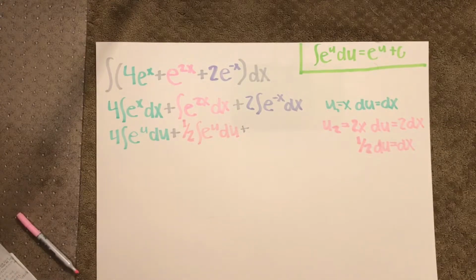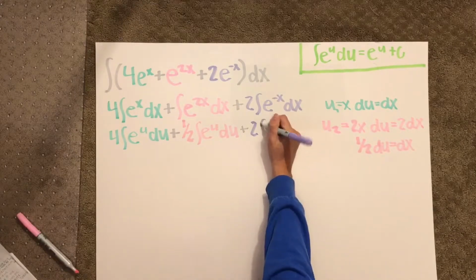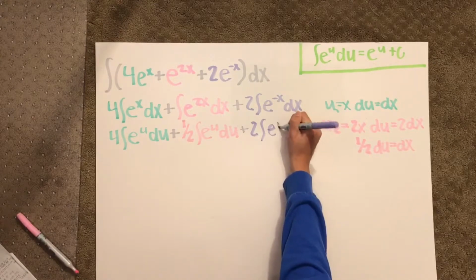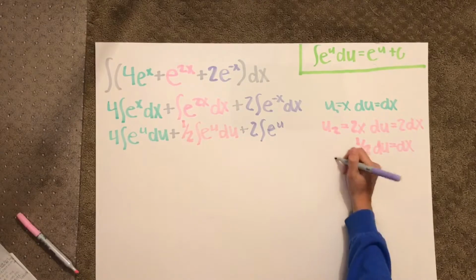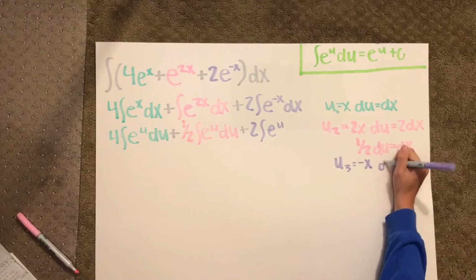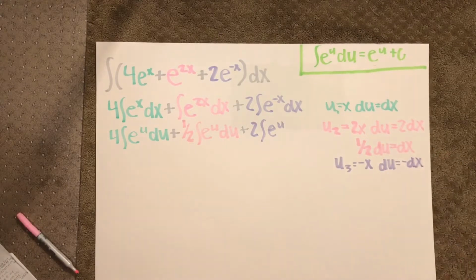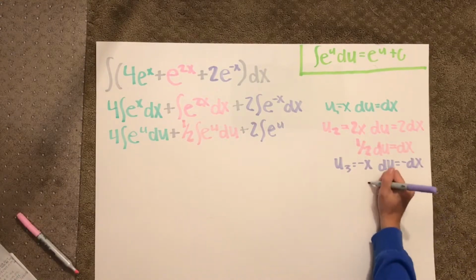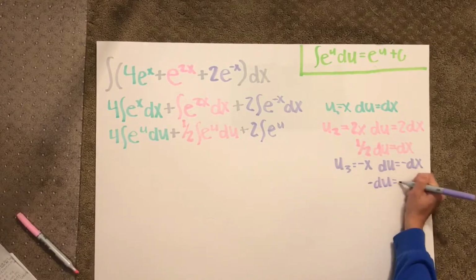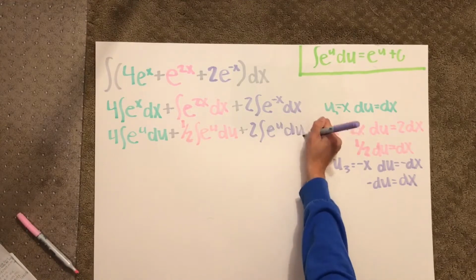And now for your third term, we're going to have 2 out in front, integral e to the u, your u being negative x, du is going to be negative dx, but since we don't have a negative dx, we're going to make this negative du equals dx, and so e to the u du.